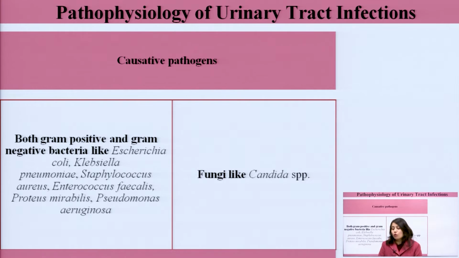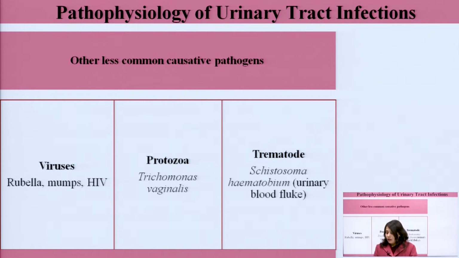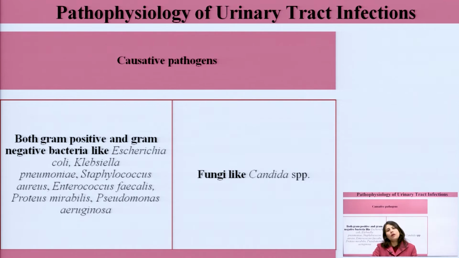Now we talk about causative pathogens. Causative pathogens can range from bacteria and fungi to viruses, protozoa and trematodes. There is a variety of pathogens for urinary tract infections, but the more common ones are bacterial and fungal infections.